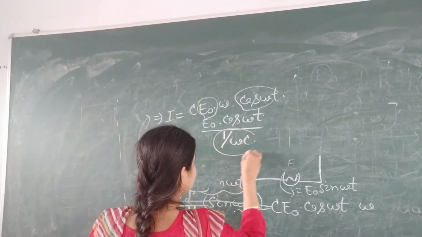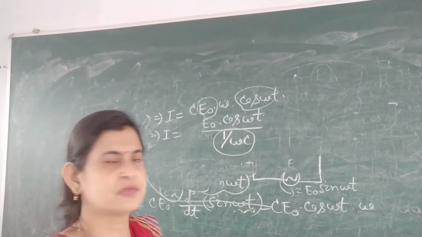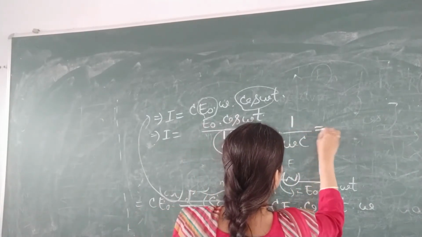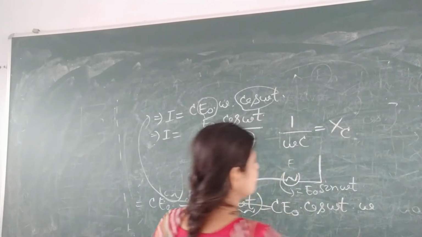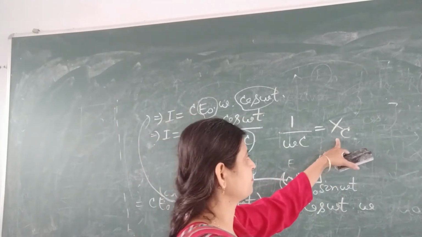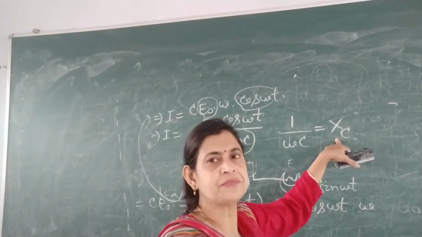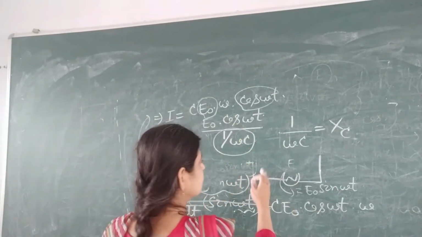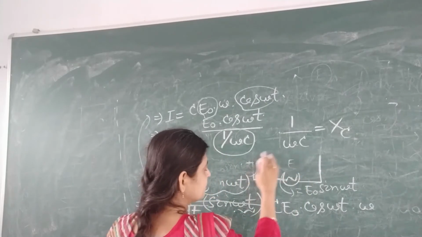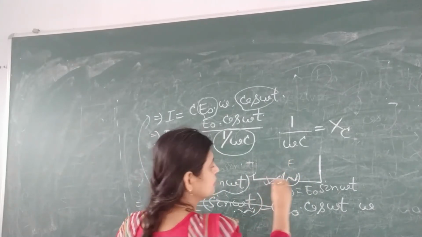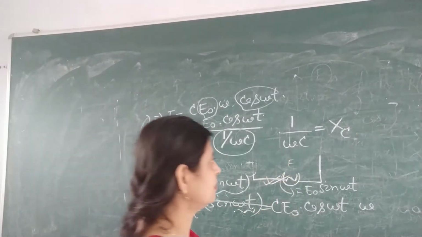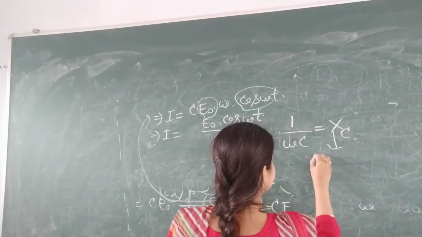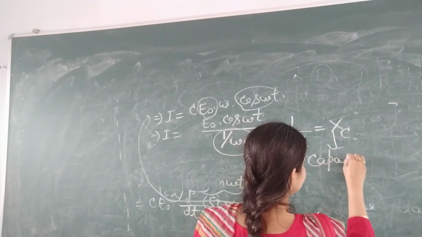Here 1 by omega C, that is equal to how much? 1 by omega C is equal to XC, where XC is the resistance offered by the capacitive circuit, or the resistance offered by the circuit which contains only a capacitor. That is called the capacitive reactance also.